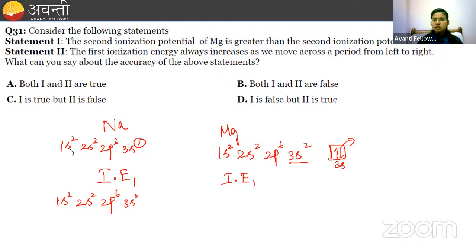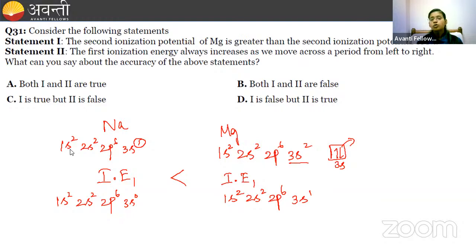And for magnesium, it will be 1s2, 2s2, 2p6 and 3s1. If you look into the first ionization energy for both, the magnesium 3s orbital is fully filled. Fully filled configurations are more stable, so the energy required to remove the electron from the 3s orbital of magnesium will be more. So the ionization energy 1 will be more for magnesium.